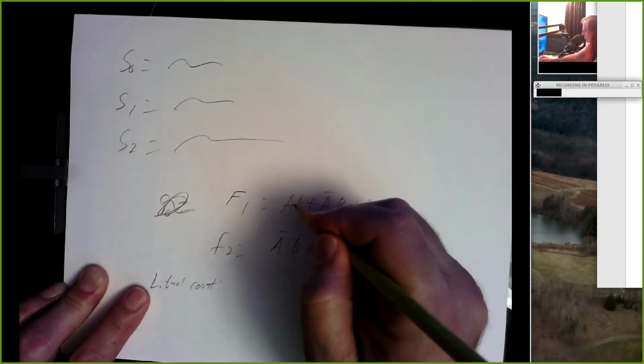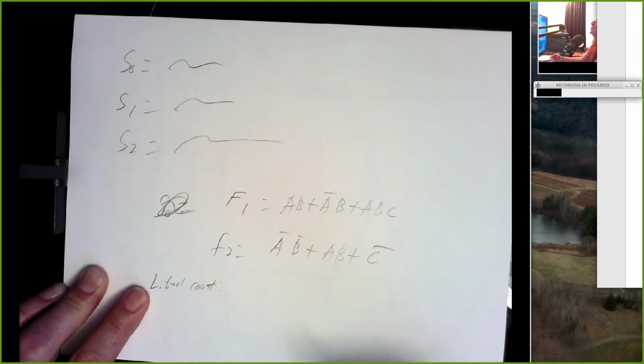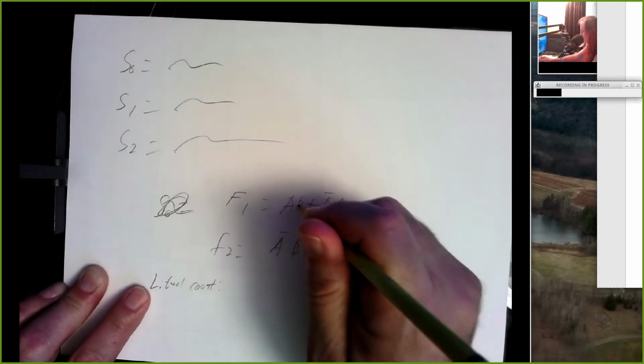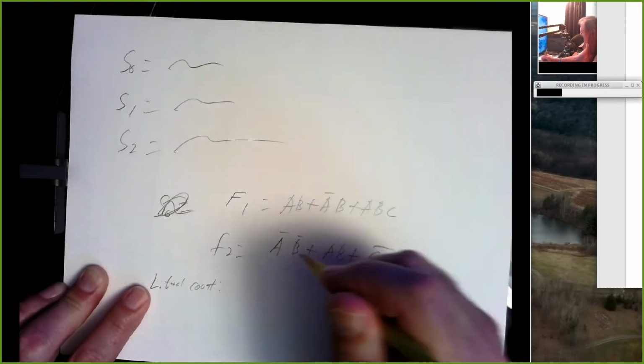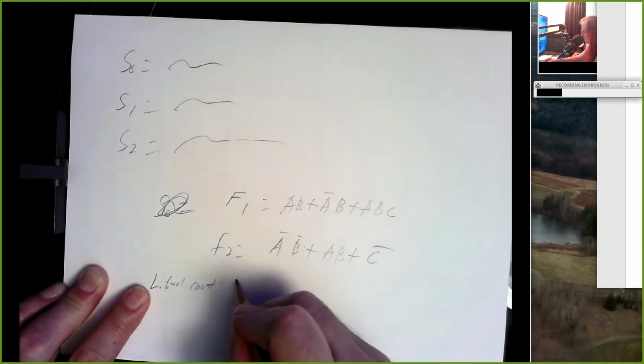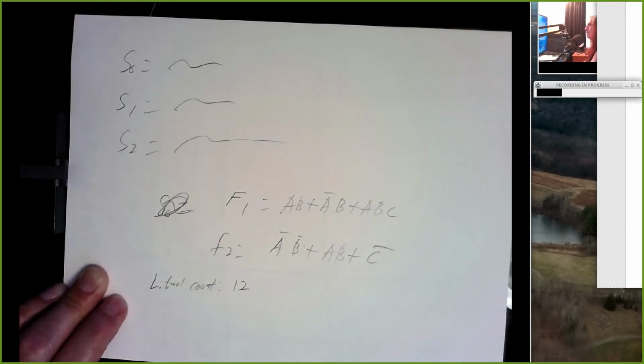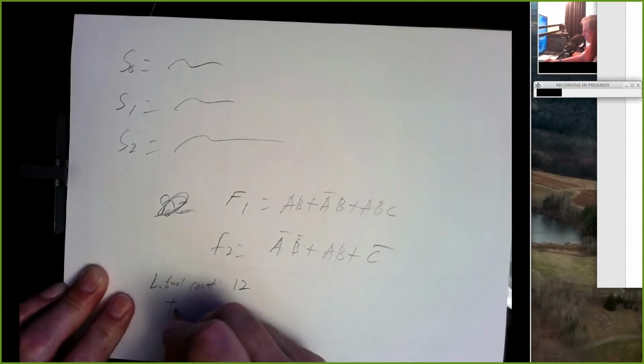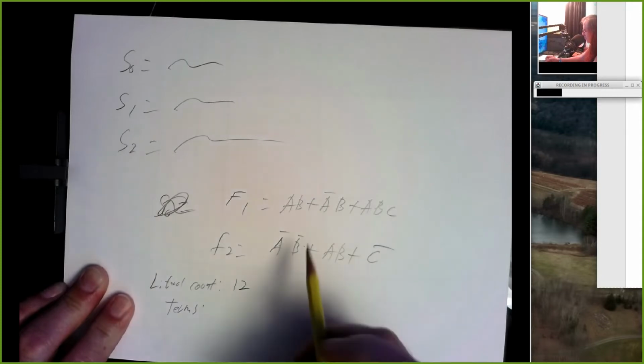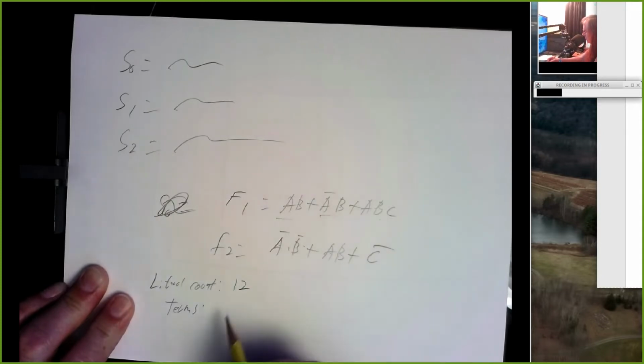is the number of inputs or complemented inputs. So 1, 2, 3, 4, 5, 6, 7, 8, 9, 10, 11, 12. The number of terms would be 1, 2, 3, 4, 5, 6.